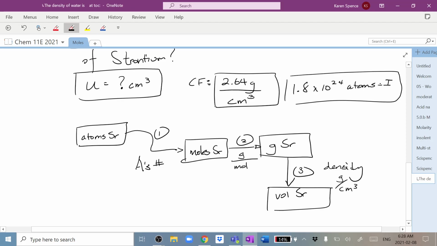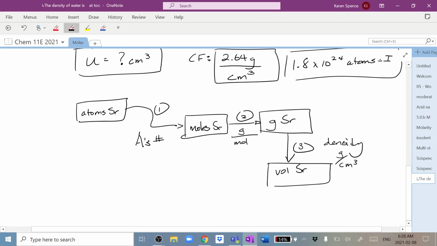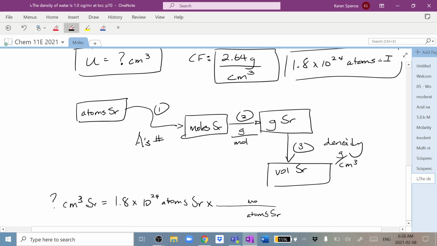All right, let's do this. How many centimeters cubed of strontium is equal to 1.8 times 10 to the 24 atoms of strontium? First, we need to cancel atoms of strontium and find moles of strontium.